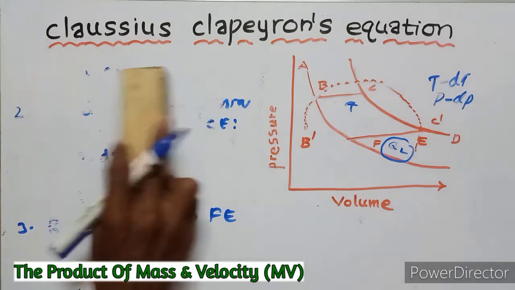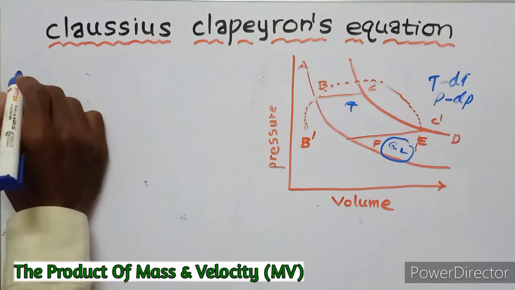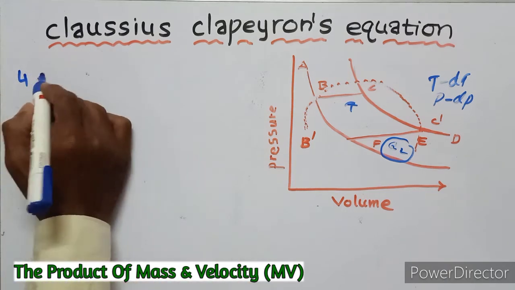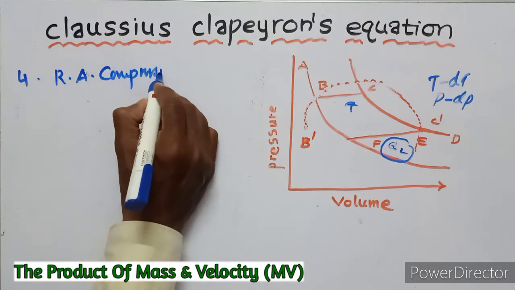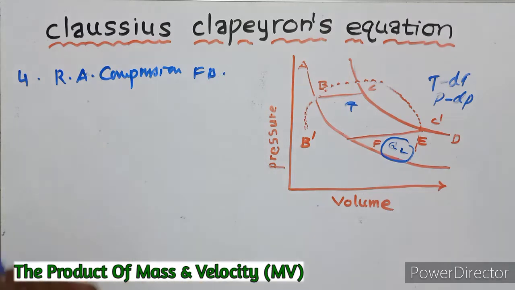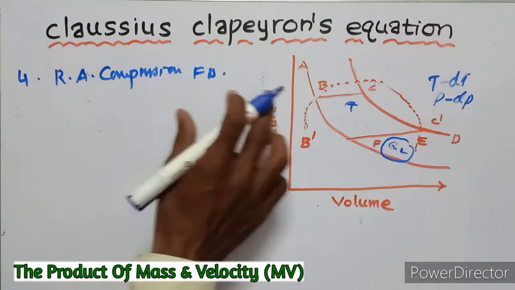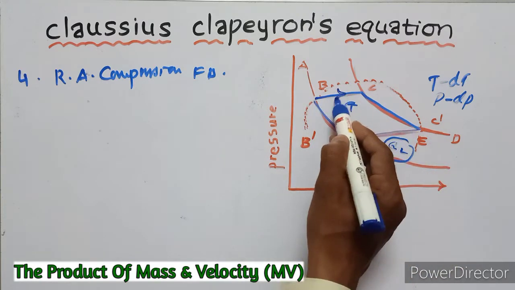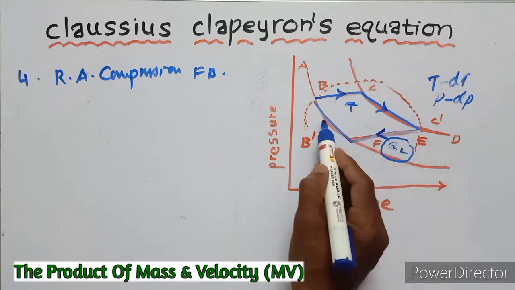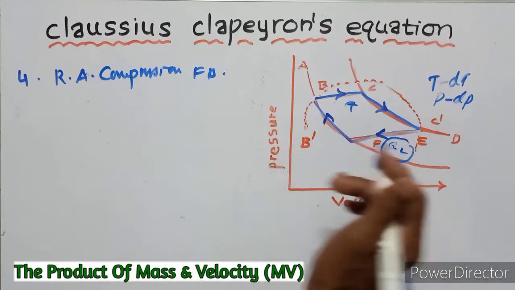Our fourth one is the reversible adiabatic compression, that is FB. This is the reversible cycle.